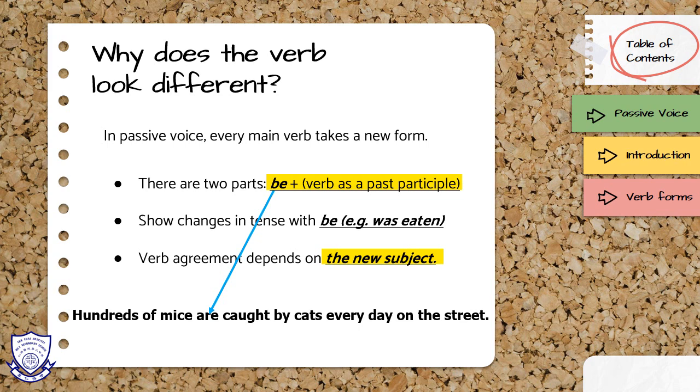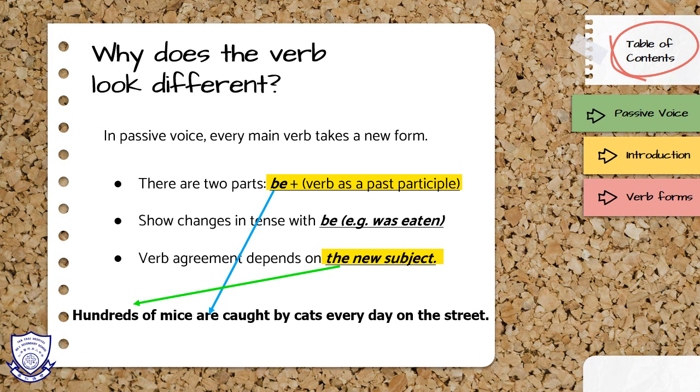Take a look at the arrow here. So you see be, where it is written in a sentence in simple present tense, you may write is, am or are. On the other hand, we have the new subject as well. So here it is a sentence in the passive voice. You see hundreds of mice. Originally, this noun phrase, hundreds of mice, is the object in a sentence in the active voice.